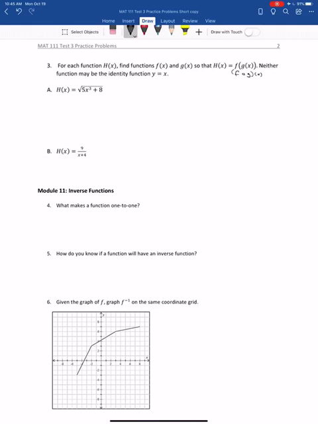But here's our example. Again, we want to take h of x and want to break it up into f of x and g of x. And since we want h of x to equal f composed with g of x, right?